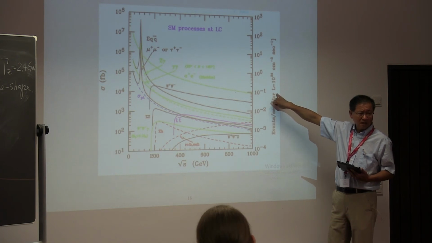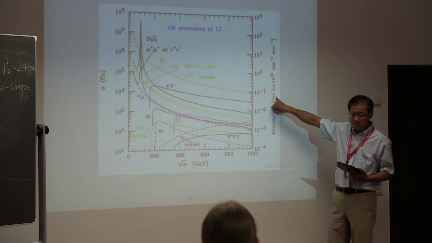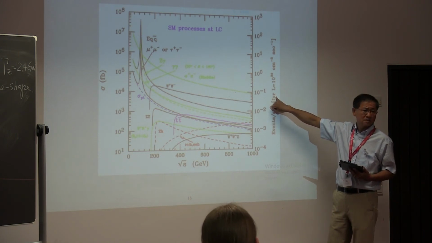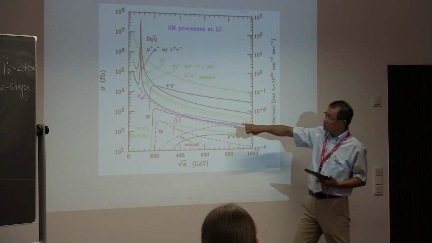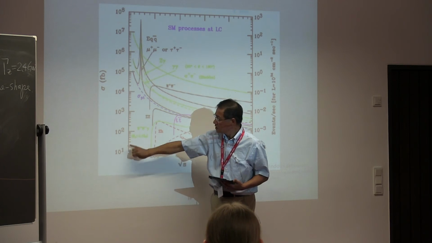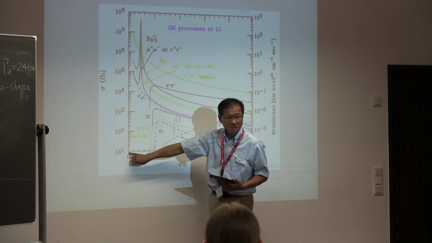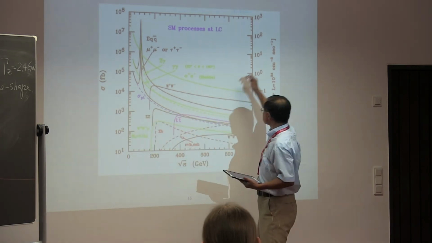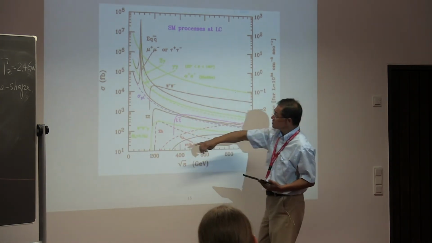That delivers 100 inverse femtobarn per year, which means that if the cross section is as small as 100 femtobarn, you deliver 1 event per year. But the cross section is pretty huge. 1 inverse femtobarn is here, and this is 10 inverse femtobarn here. That's in femtobarn. So this is the number of events, and this is the cross section.